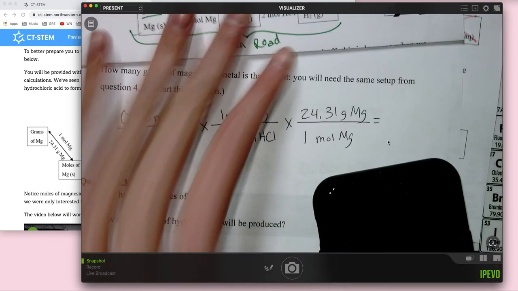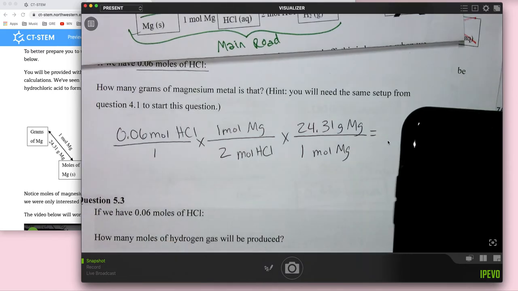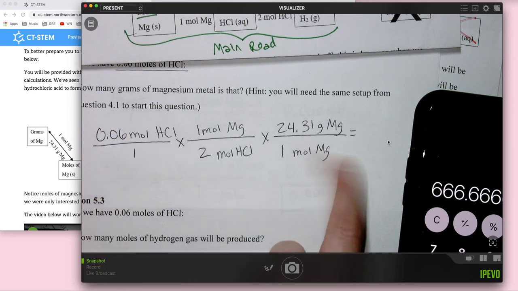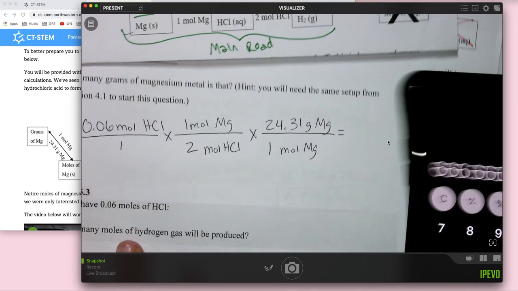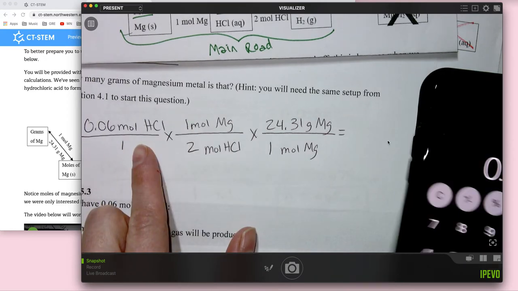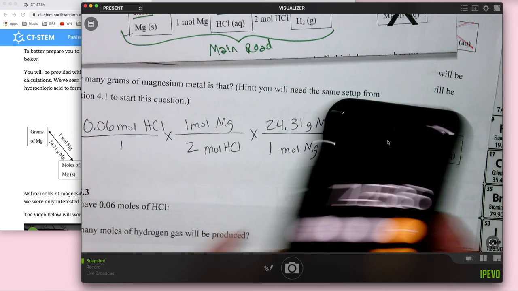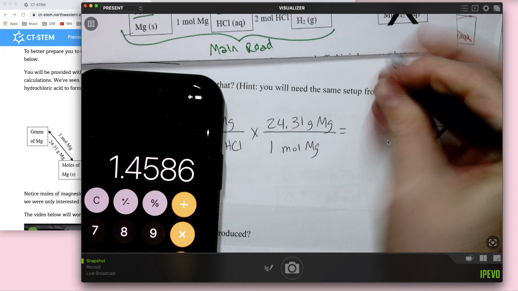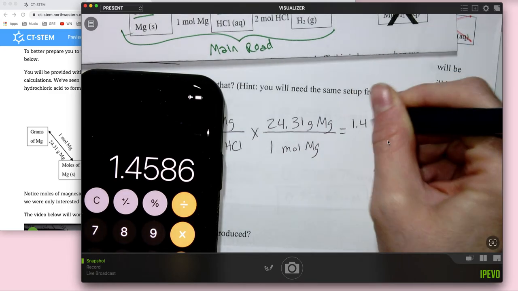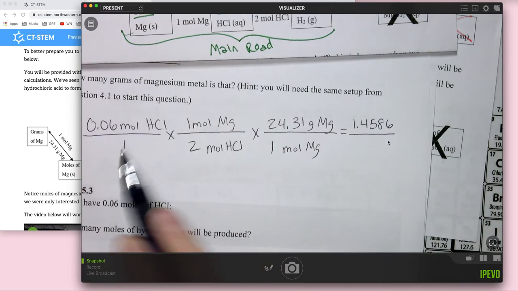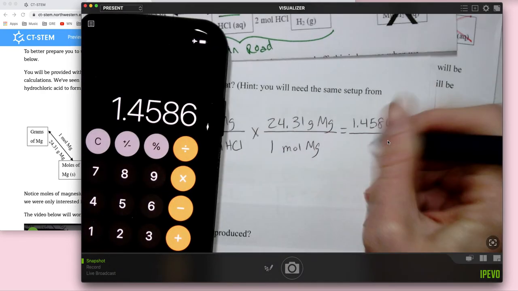Okay. So the math is getting a little bit more complicated here. So what I'm going to do is I'm going to multiply everything on my numerator and then everything on my denominator, and then I'm going to divide. So 0.06 times 1 times 24.31 is equal to 1.4586. 1 times 2 times 1 is just equal to 2.